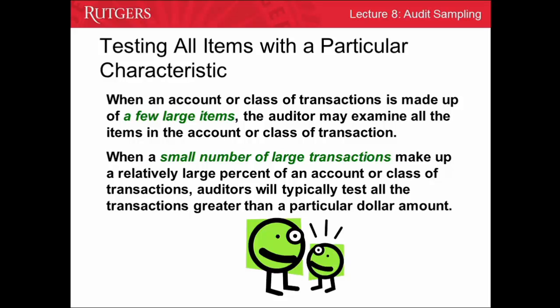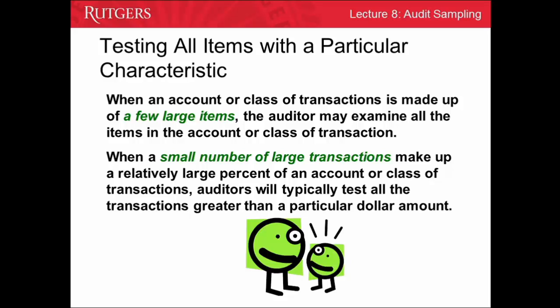For example, when an account or class of transactions is made up of a few large items, the auditor may test all the items in the account or class of transactions. Because the entire class or balance is subjected to a 100% examination, such an audit procedure does not involve sampling.